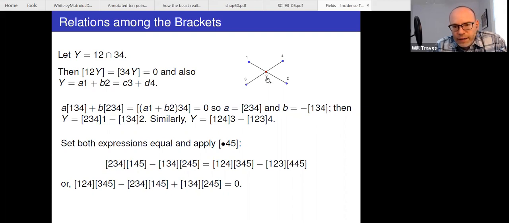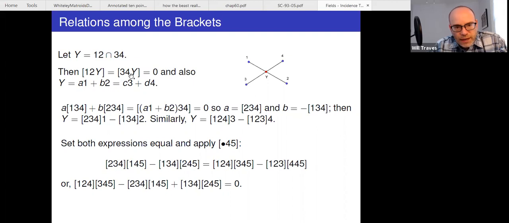Also, y is a linear combination of the points 1 and 2, because it's on this line. And similarly, y is a linear combination of the points 3 and 4. So I've written that here. But we can actually figure out what these coefficients a and b have to be. For instance, you can take this expression here for y and plug it into this bracket 3, 4, y being 0.